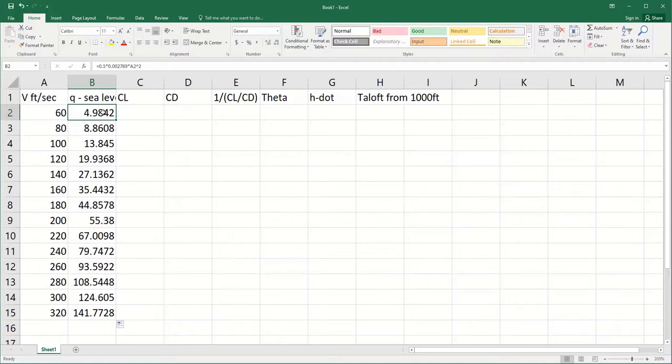Would somebody do a hand calculation and check this dynamic pressure? They look right.